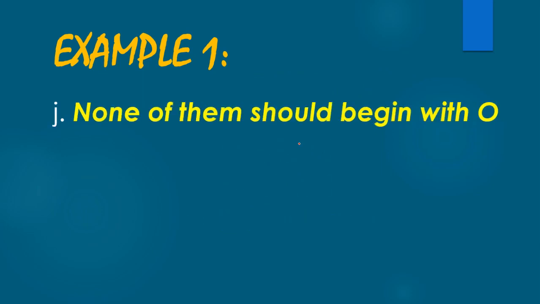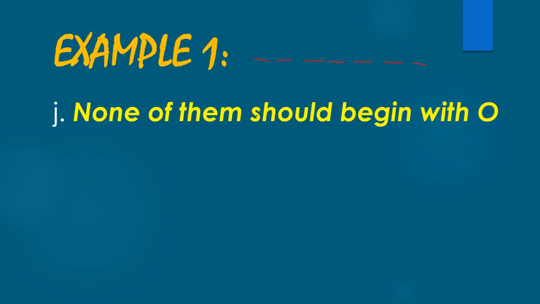Okay, none of them should begin with O. So in this case, again, we have the 7 spaces. If we have to take the number of arrangements in which the first letter is O, that is simply 1 times 6 factorial, or that is 6 factorial.